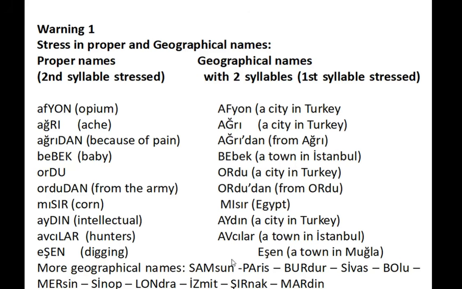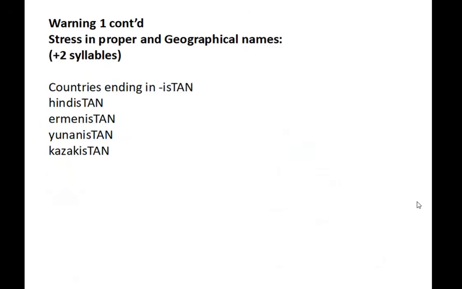As you see, these all have two syllables except for Avcılar. Here we'll dwell on geographical names with more syllables. What about the stress in geographical names ending in istan? Hindistan, Ermenistan, Yunanistan, Kazakhstan. They have more than two syllables. Be careful.